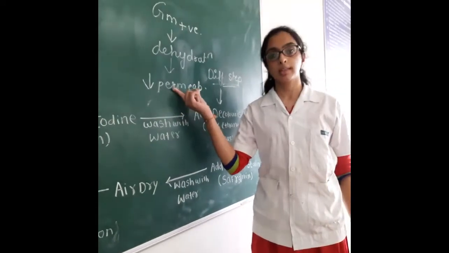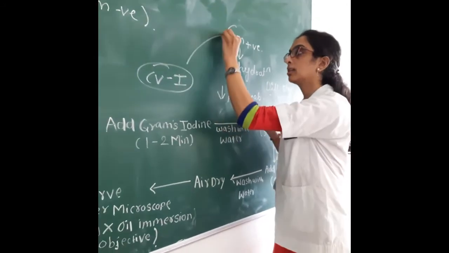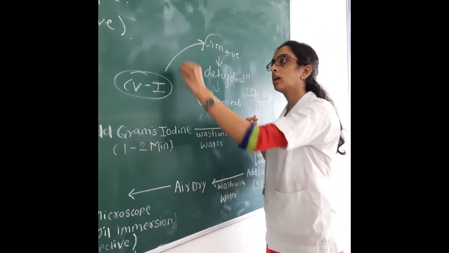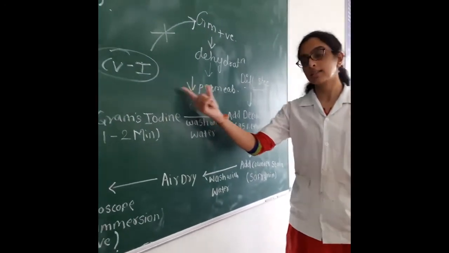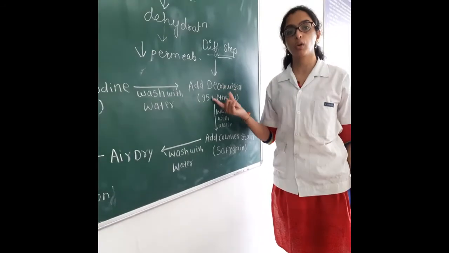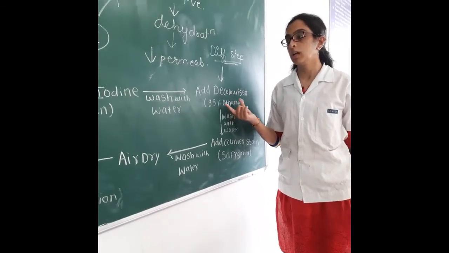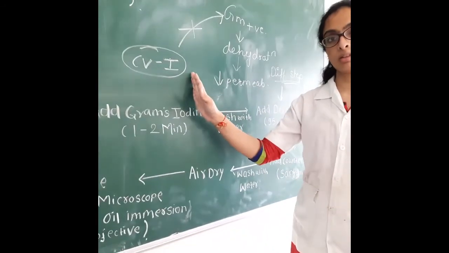And due to the decrease in permeability, the crystal violet complex present in the gram positive bacteria does not come out. So that is the reason why, when you add the decolorizer, it will not decolorize the gram positive cells.